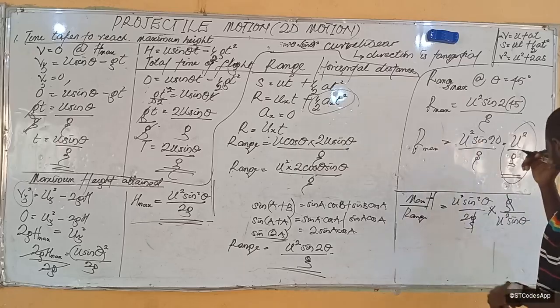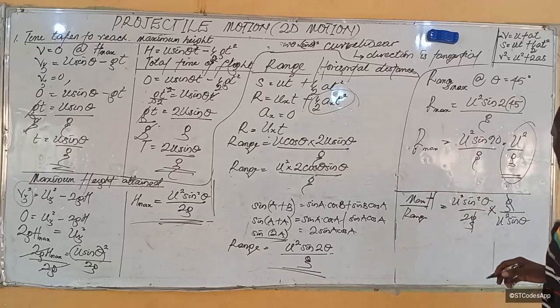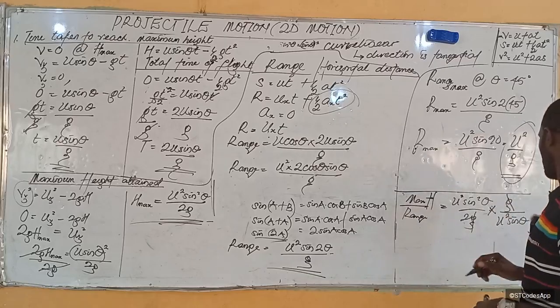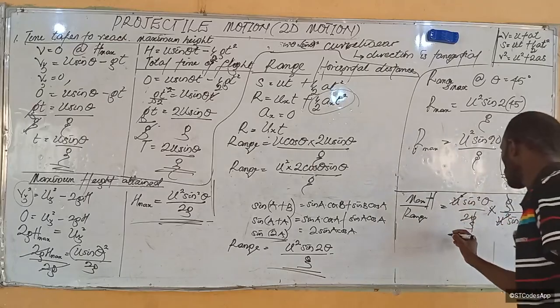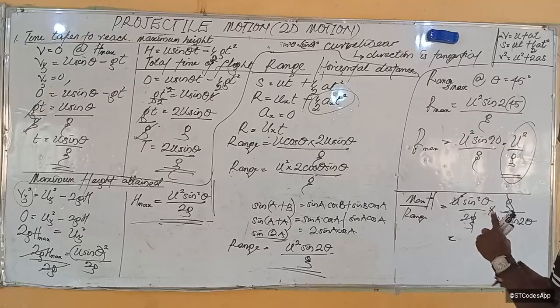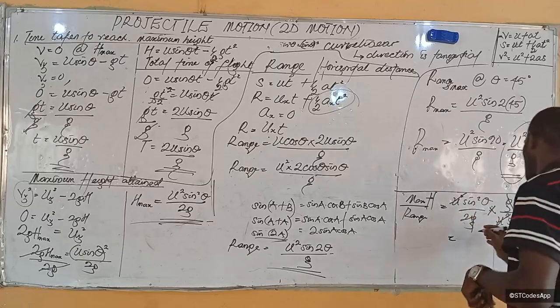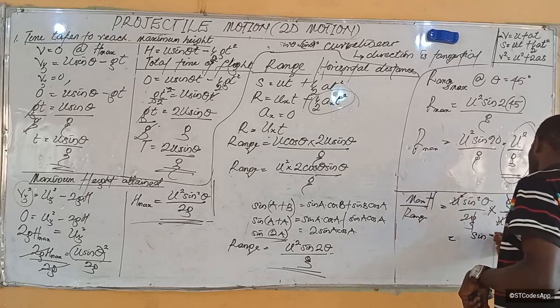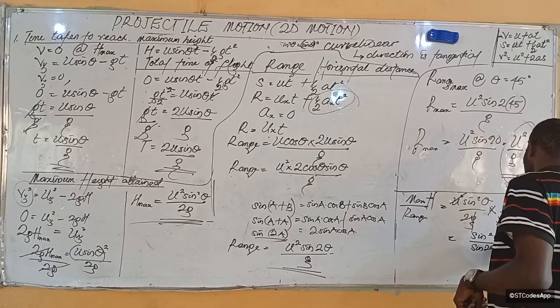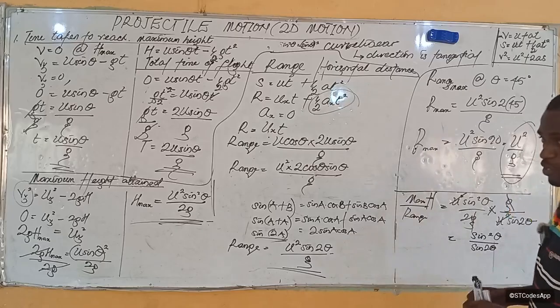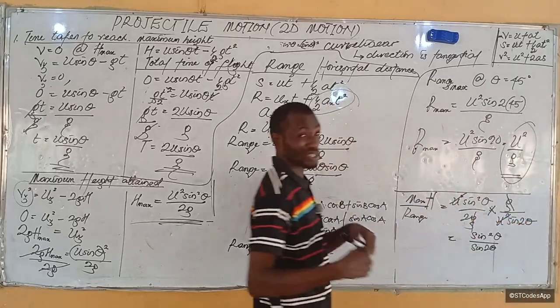This takes care of this. Now this is sine 2 theta, not sine theta. u takes care of u. So the ratio of maximum height to range is sine squared theta over sine 2 theta. We'll have to do more trig here. I just wanted to show you some things.